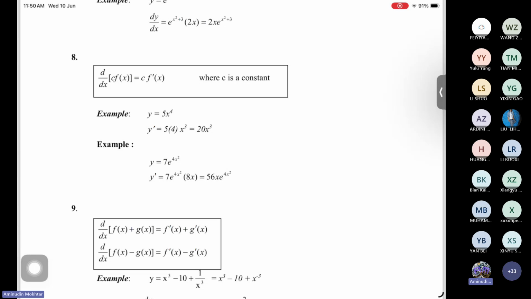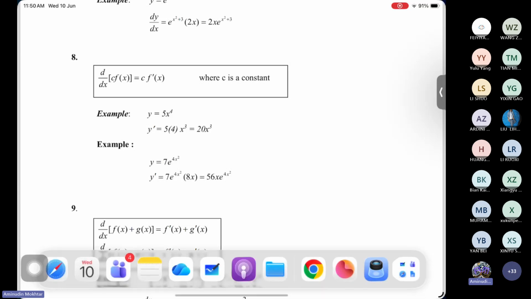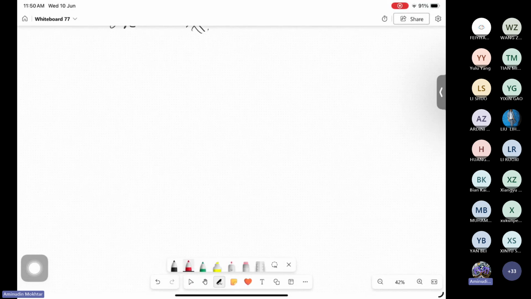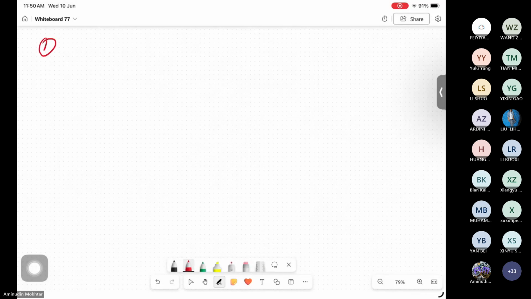The rule of differentiation number 1. Please refer to this page number 2.